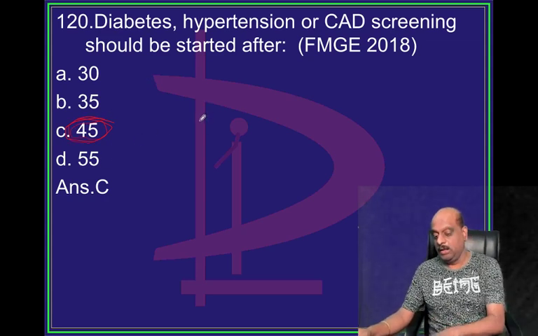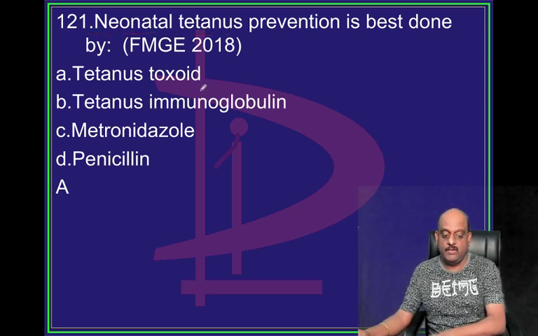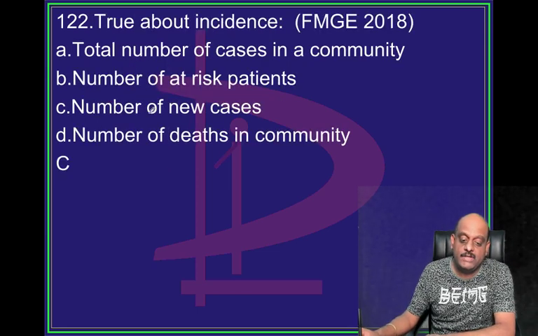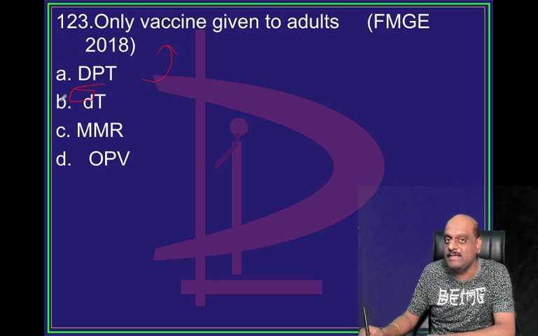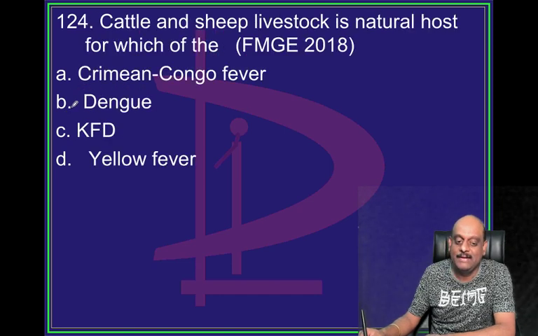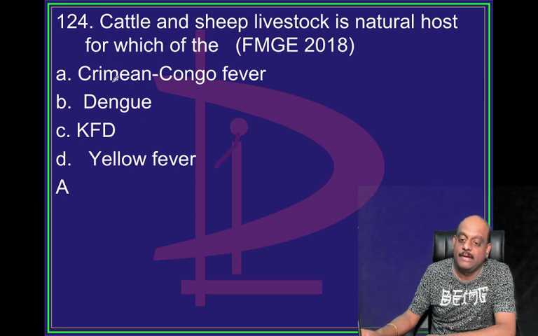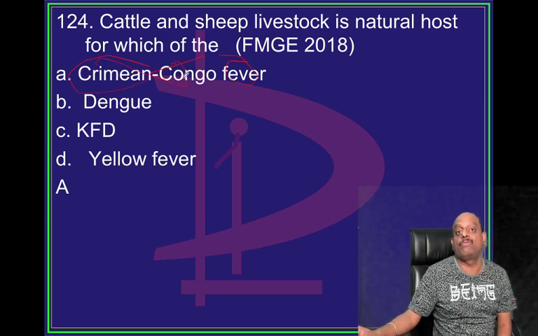So, neonatal tetanus prevention is best done by tetanus toxoid. Incidence is the number of new cases, easy. Only vaccine that you give to the adult in this is DT. Cattle and sheep livestock is a natural host in case of Crimean Congo fever.